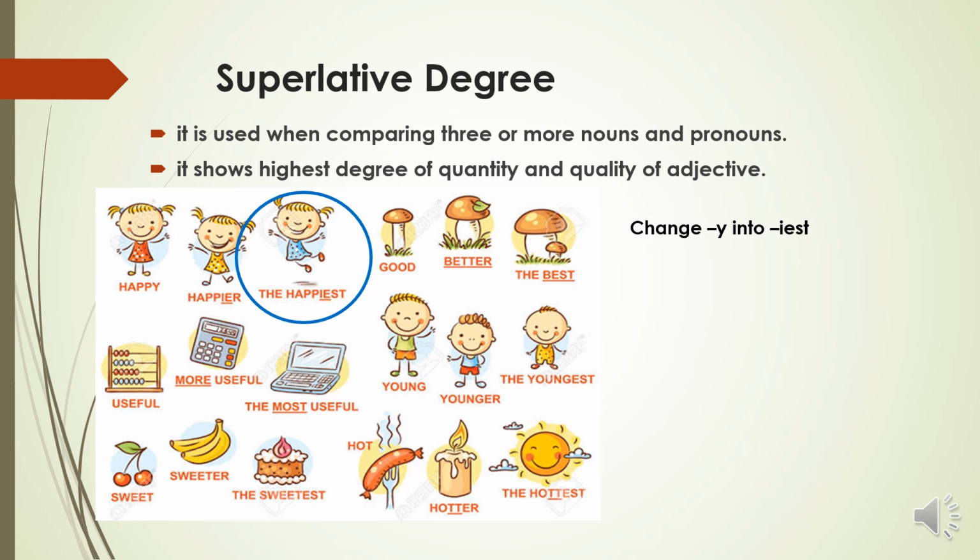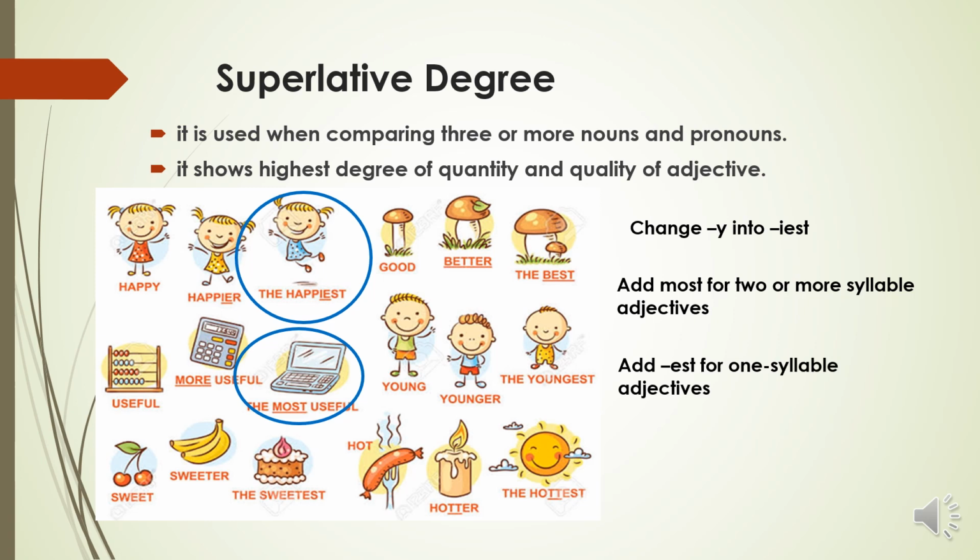For example, happy, happier, happiest. For an adjective with 2 or more syllables, we have to add the word most. For example, useful, more useful, the most useful.